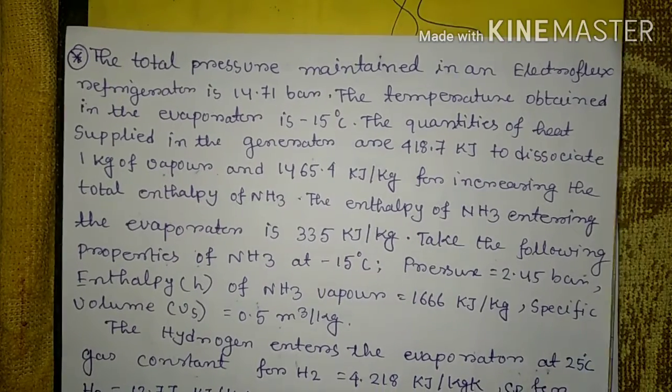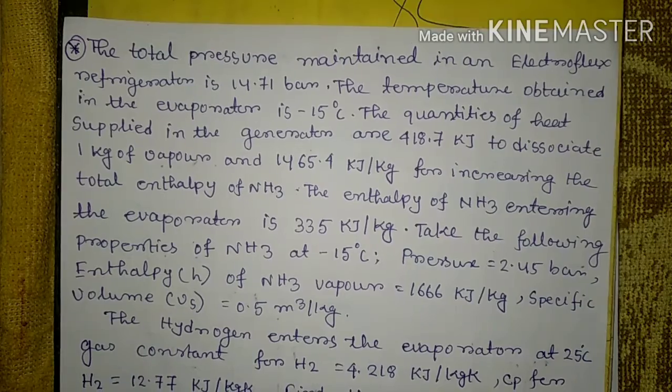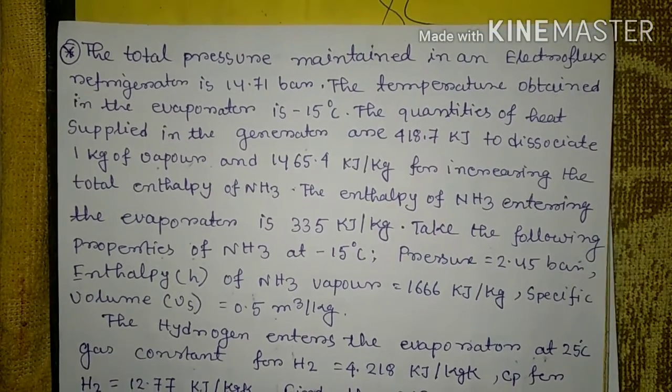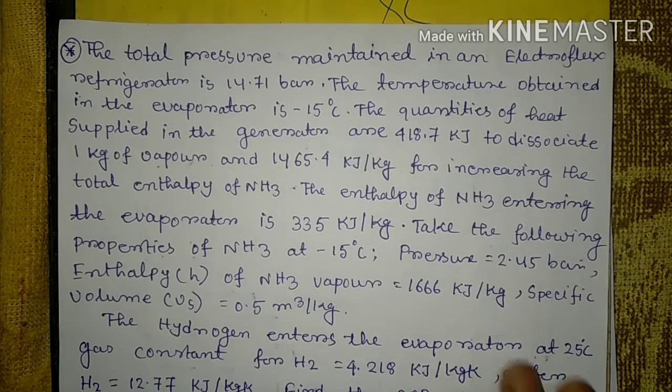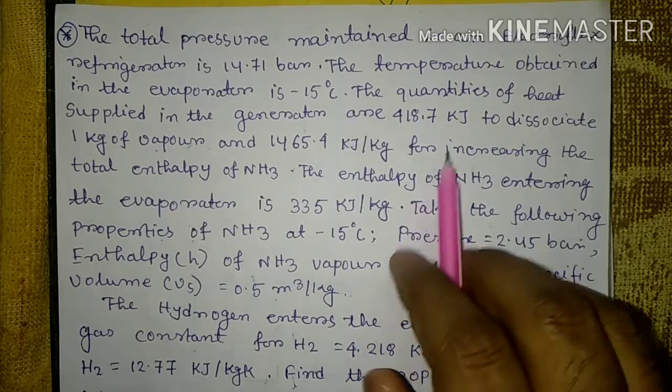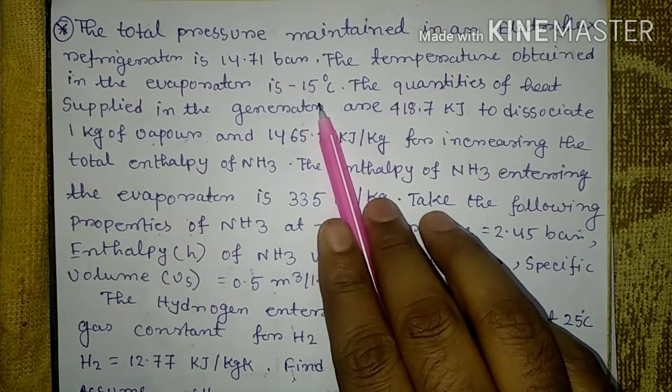The total pressure maintained in an Electrolux refrigerator is 14.71 bar, and the temperature obtained in the evaporator is minus 15 degrees Celsius.